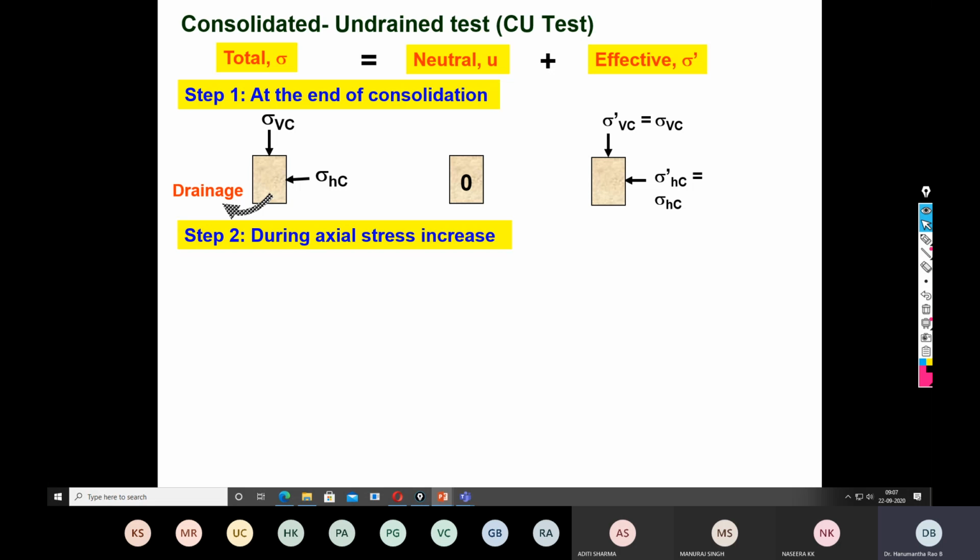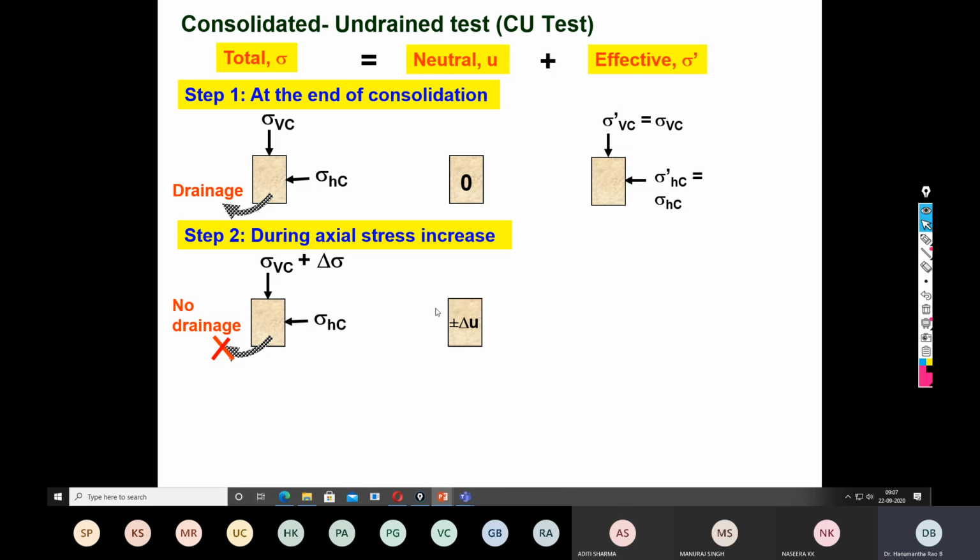Now, during the shearing stage, during the axial stress increase, we are still applying the confining pressure of sigma hc and sigma vc. On top of it, keeping sigma hc constant, we are increasing the axial stress by delta sigma. However, the drainage valve is closed.